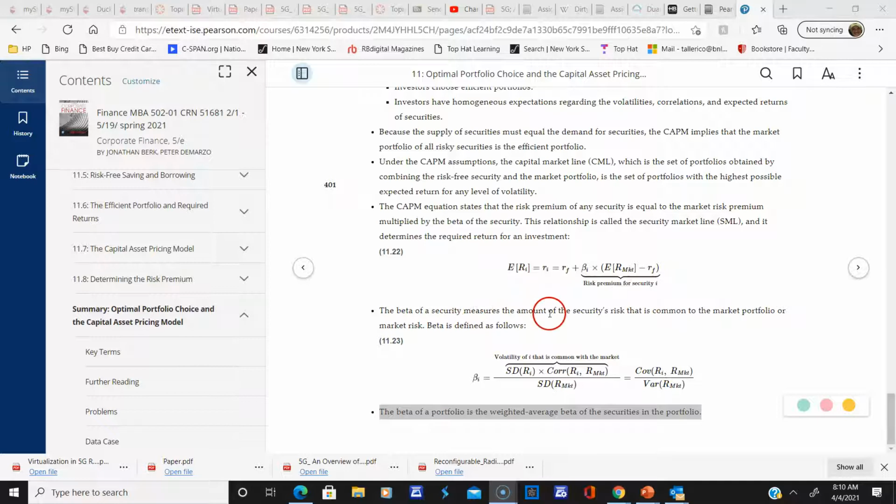So the beta of a security measures the amount of the security's risk that is common to the market portfolio, which is the S&P 500, okay? And here's how you define beta. And, you know, this is a lot of math here. I don't want to drive you crazy with that. And for a portfolio, it'll be just the weighted average of the securities in the portfolio. And for the S&P 500, the beta is always considered 1, by definition.